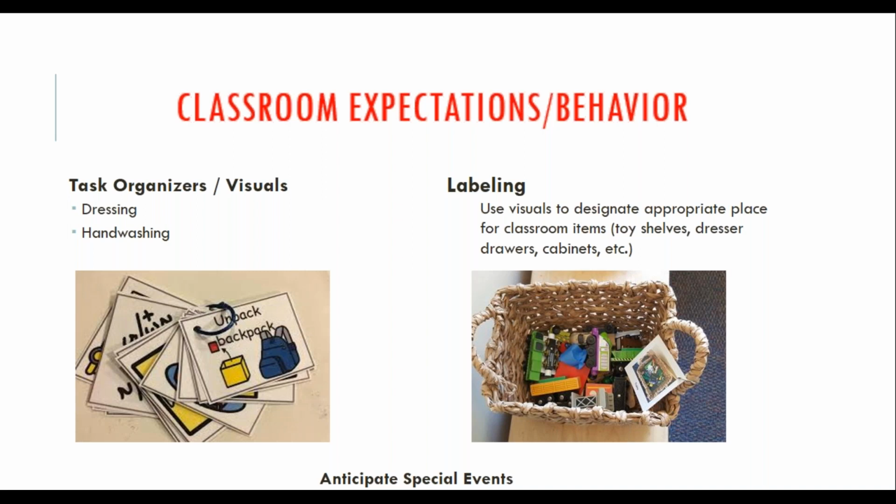You may have something like this hanging on your lanyard for individual children, for extra help: when you come in, you're going to unpack. We always put the words with the pictures, not necessarily so they're reading the words, but they see the picture and understand that when I come into the classroom, I put my things away into my cubby or my special area.